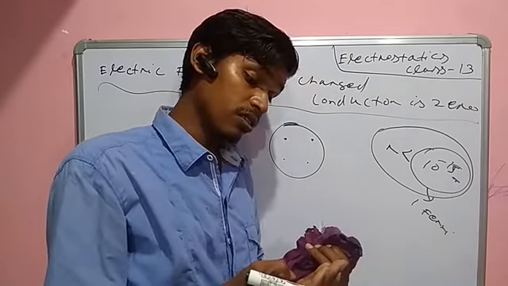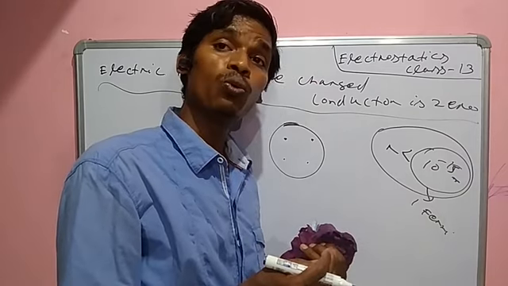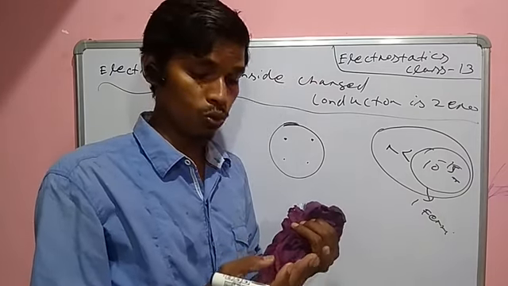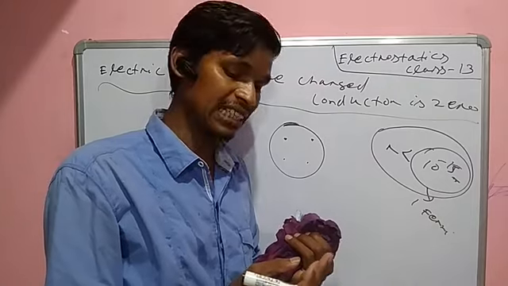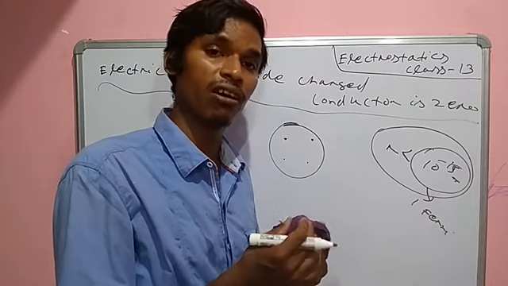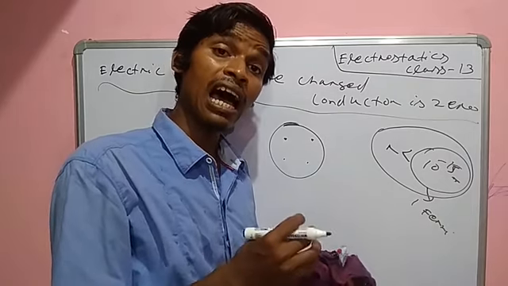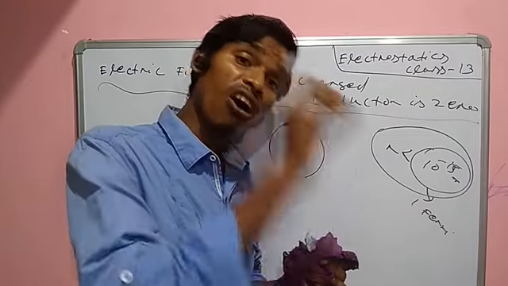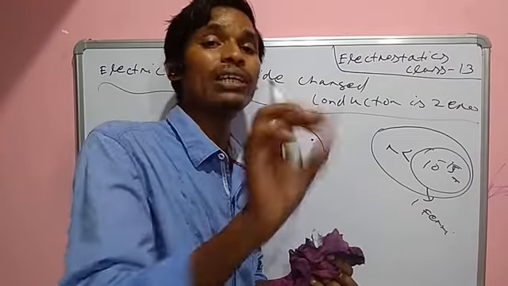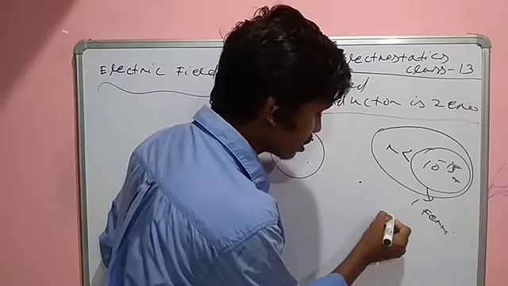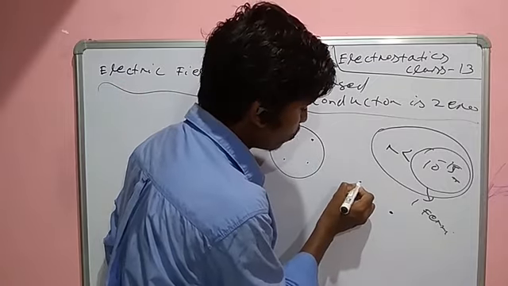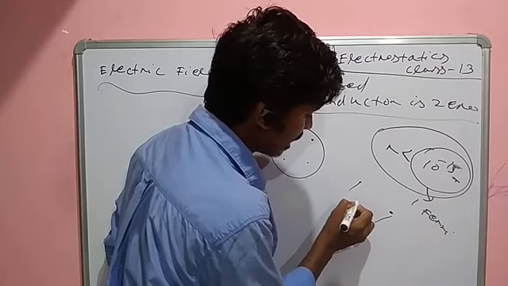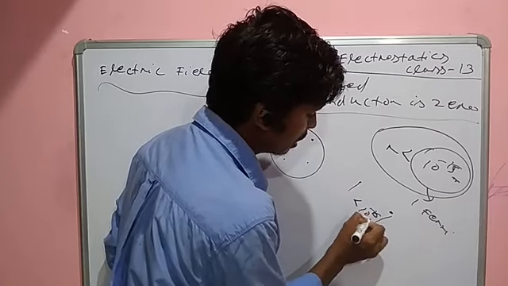Whenever the distance between two charge particles is less than 10 to the power minus 15 meter, Coulomb force is not active. That means there is no force due to each charge. Suppose this is a positive point charge, and the distance is less than 10 to the power minus 15 meter.